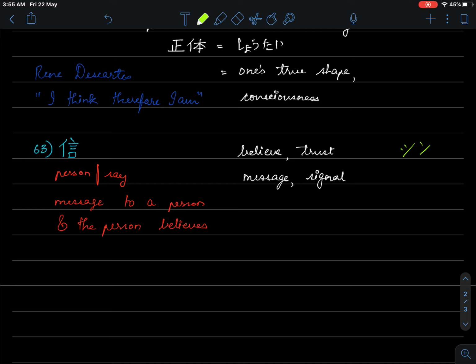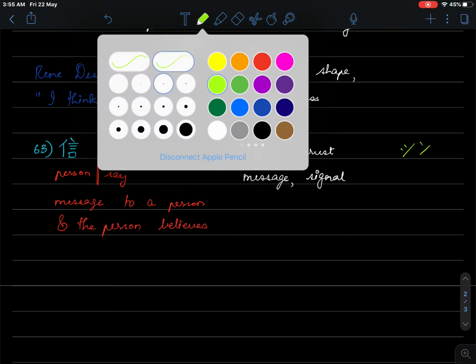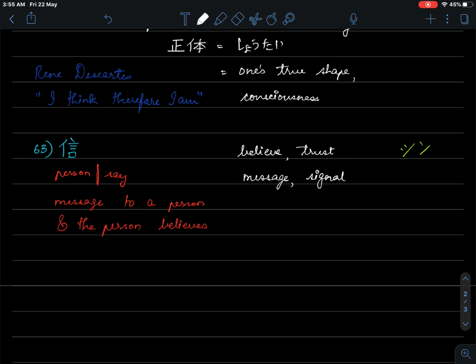So try not to memorize the on and kunyomis just like that. Try and remember how each of these kanjis is read in the words that we do, and based on that you'll be able to memorize the on and kunyomi as a result, rather than directly trying to force yourself to memorize all of these things in one go. Okay, now let's have a look at some words.